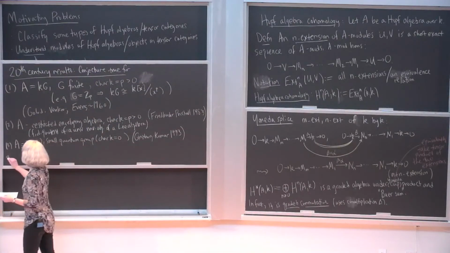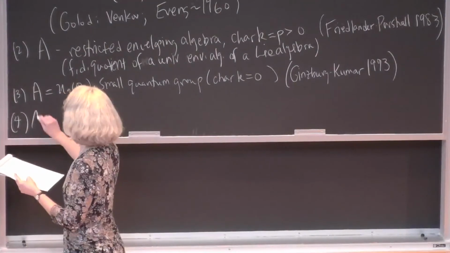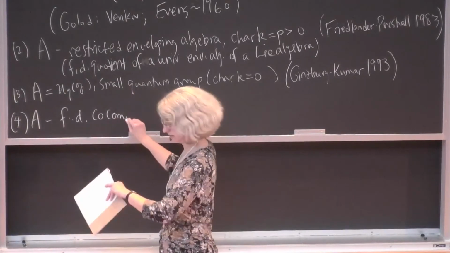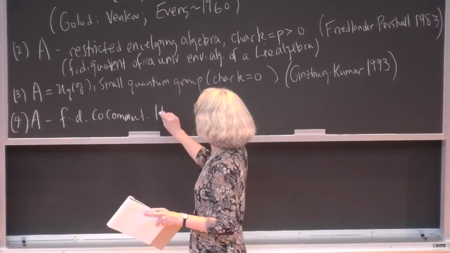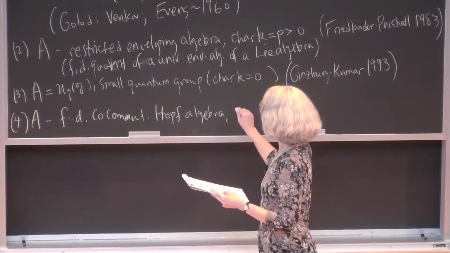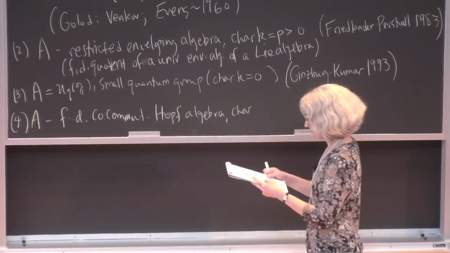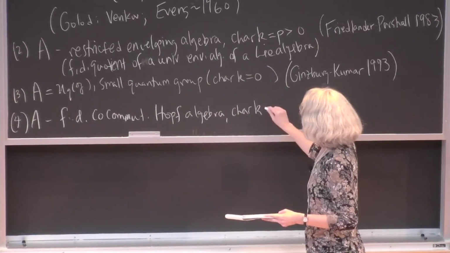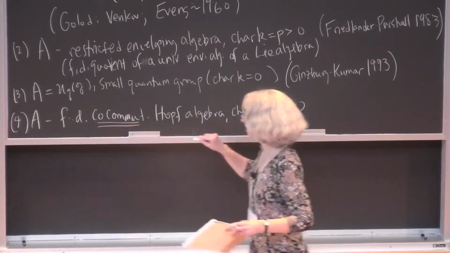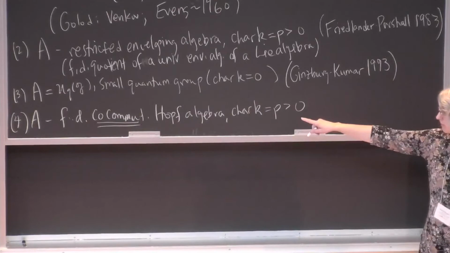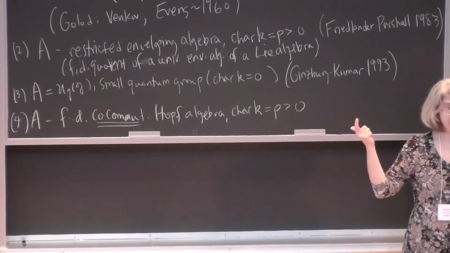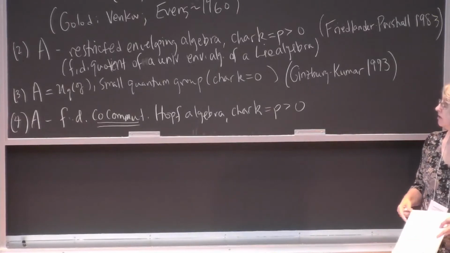The next result was very general. A is any finite dimensional co-commutative Hopf algebra, again in characteristic p. By co-commutative, I think I said that, but I didn't write it down, the comultiplication is symmetric. You can switch the order of factors and get the same thing. So that's the co-commutative case.